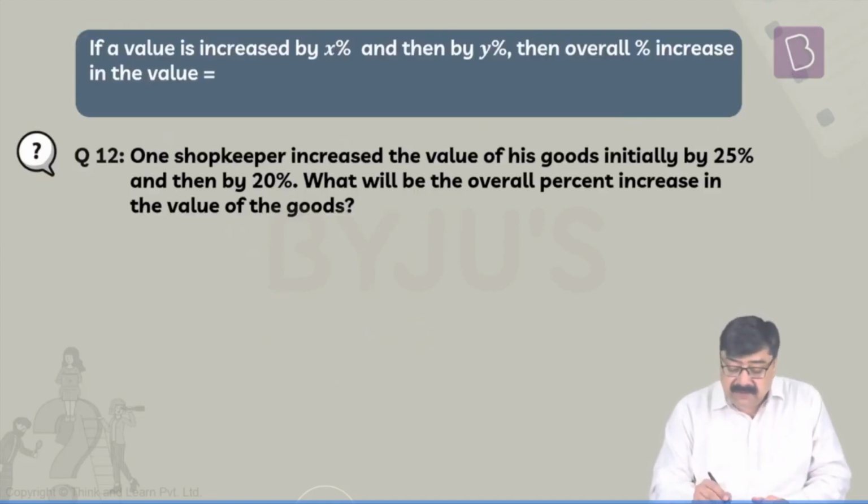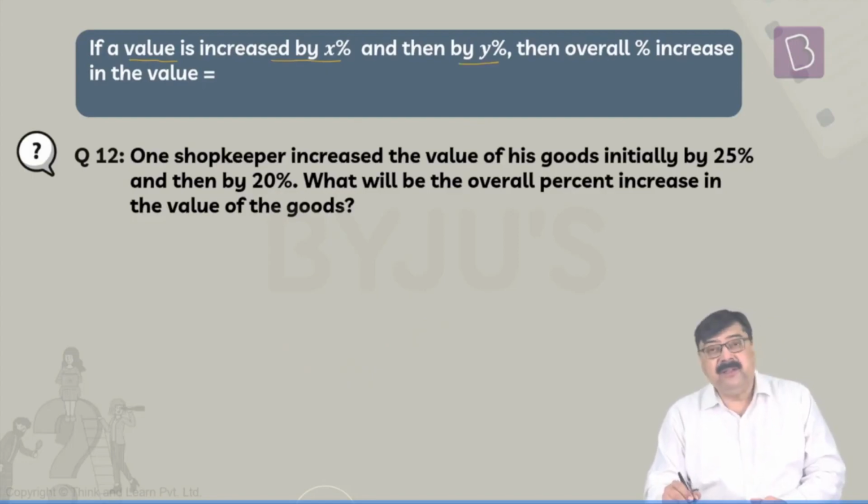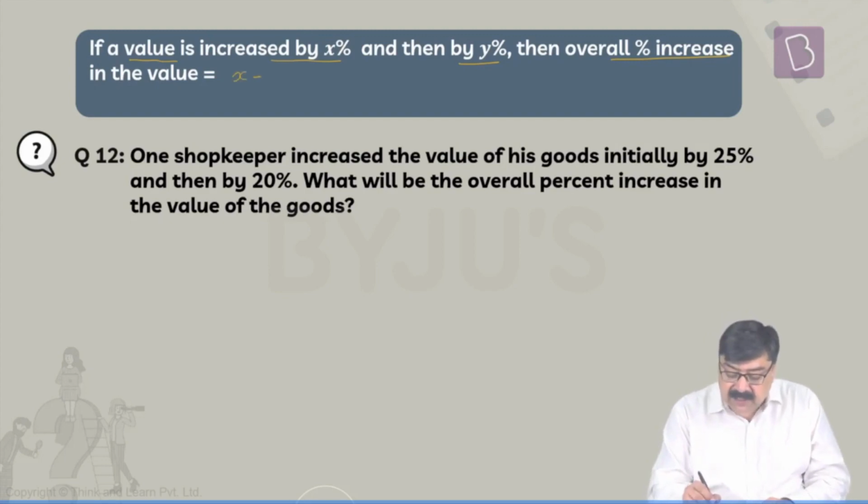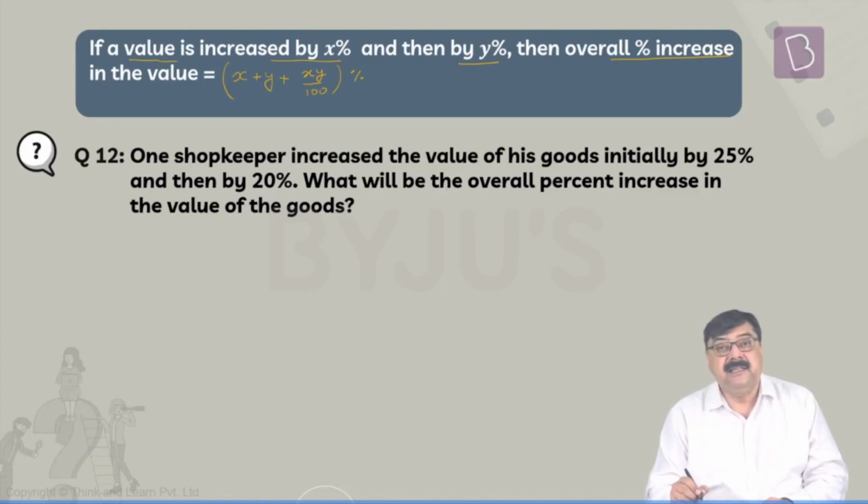Now, if a value is increased by x% and then by y% it is increased, then overall percent increase in the value will be x plus y plus xy by 100% of increase. Now let's have a look at this question which is given to us.